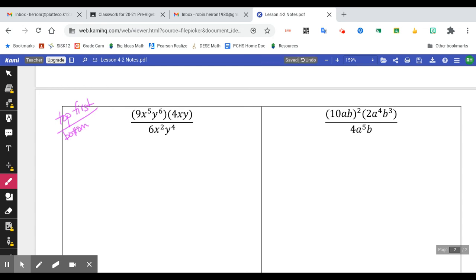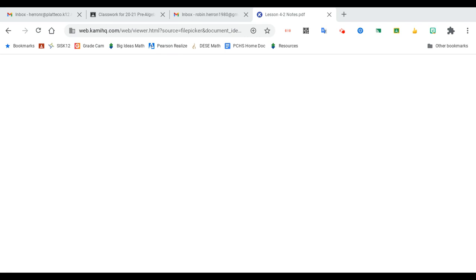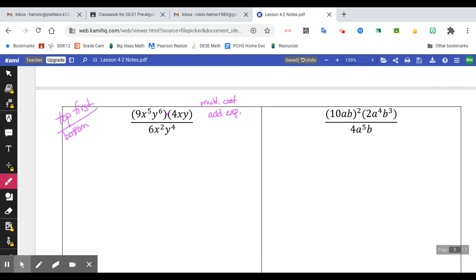Okay, so this doesn't have any distributing. So this would be like having that dot in the middle, but it's parentheses instead, which means we need to multiply coefficients, right? And then we need to add exponents because it's a multiplication problem, not property.